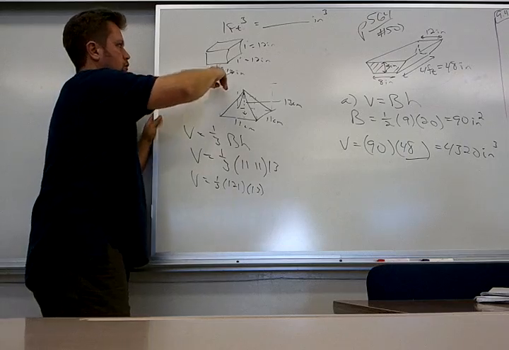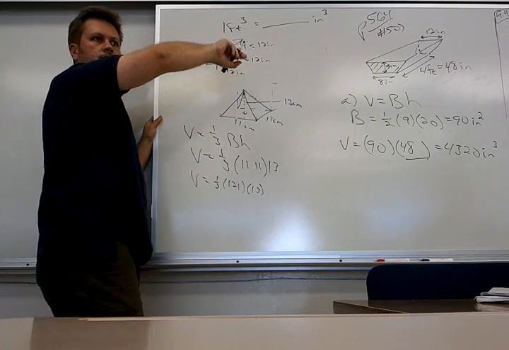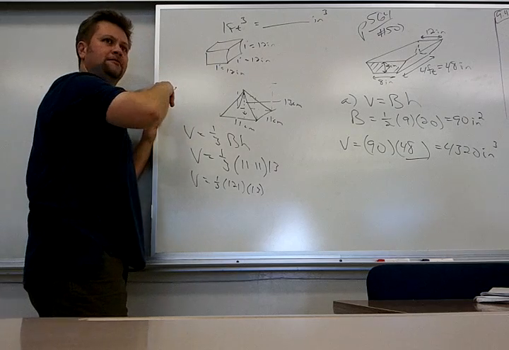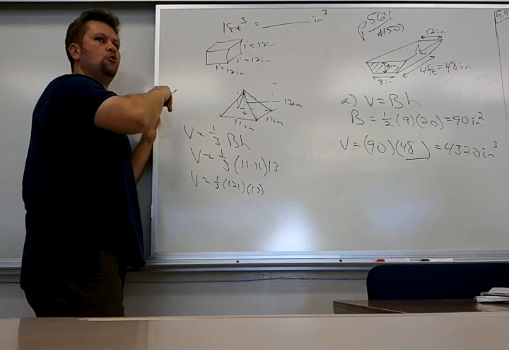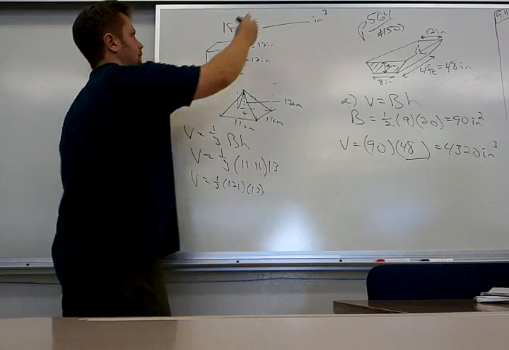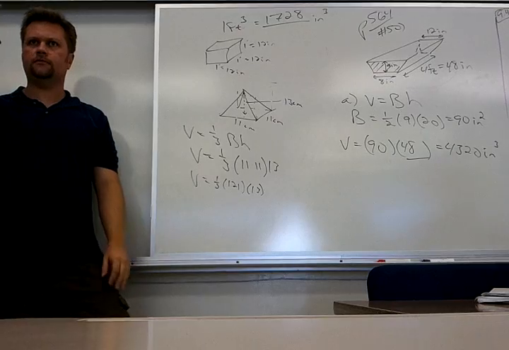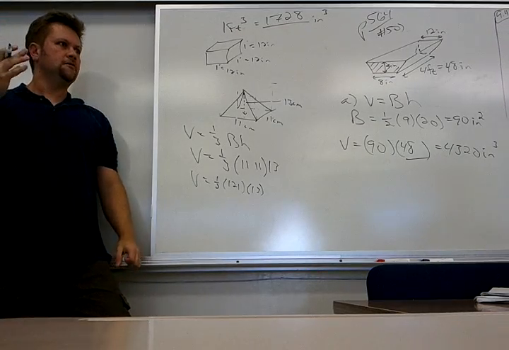Careful. What do you do? You get the volume: length by width by height. Multiply, not add. 1,728. Do you guys remember that? There was a problem earlier in the semester that had to do with that.